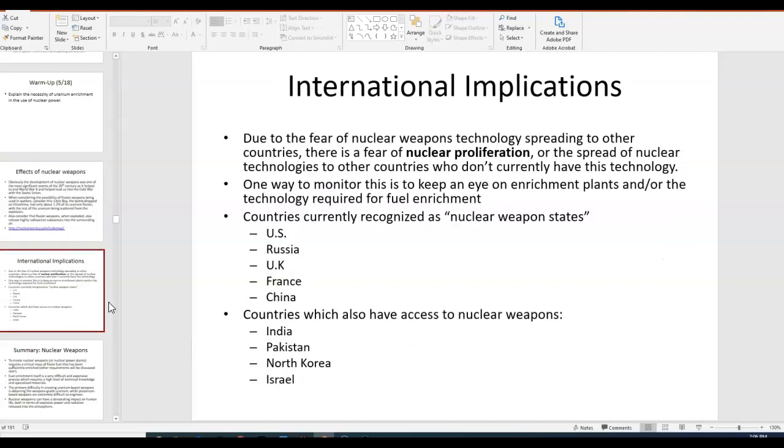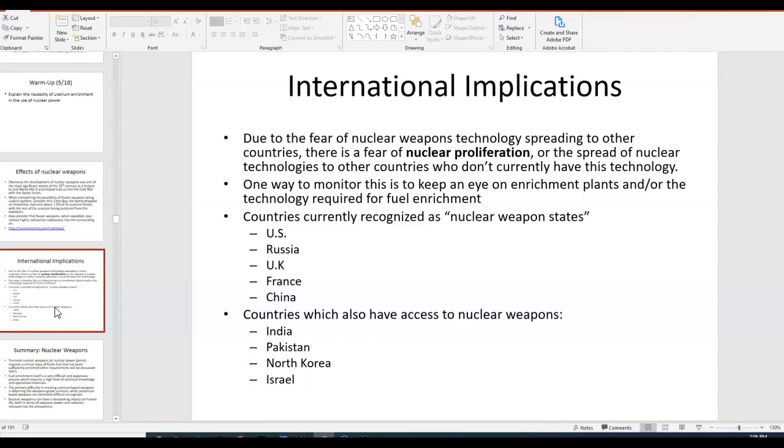The last thing I want to say is that you might hear this term on the news sometimes, nuclear proliferation. Basically, nuclear proliferation is the spread of nuclear technology to countries who don't have this technology. That's something a lot of countries are really worried about, and so we spend a lot of time and effort monitoring enrichment facilities all around the world to see who is trying to get nuclear weapons.